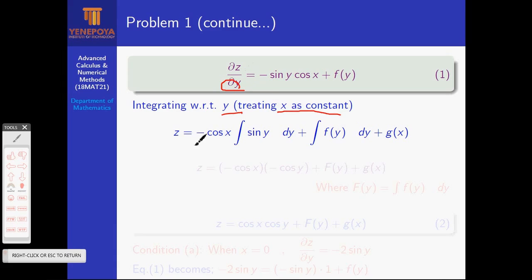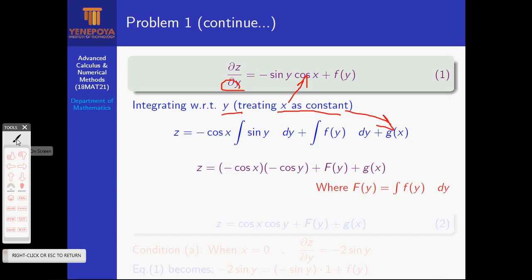So we get z = -cos x, a constant, times the integration of sin y with respect to y, plus the integral of f(y) with respect to y, plus the constant of integration, g(x).